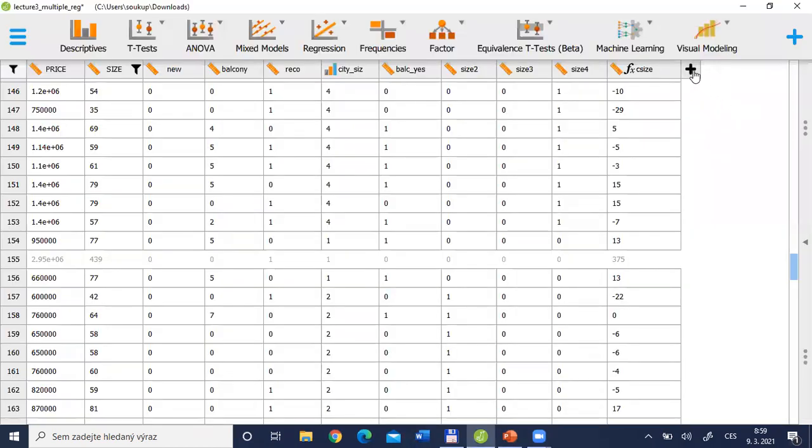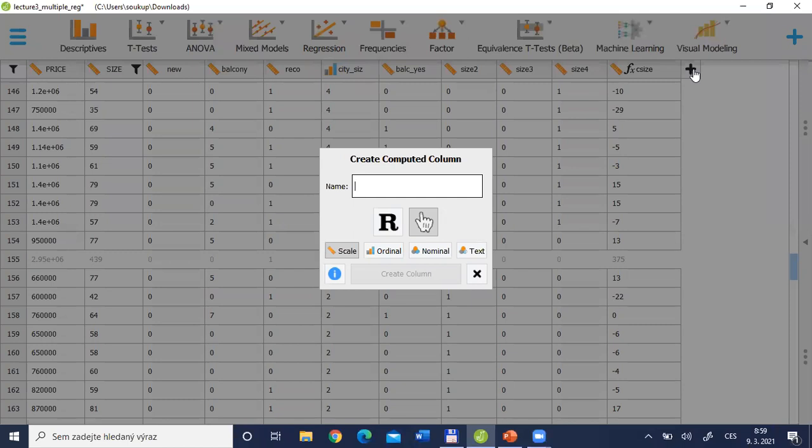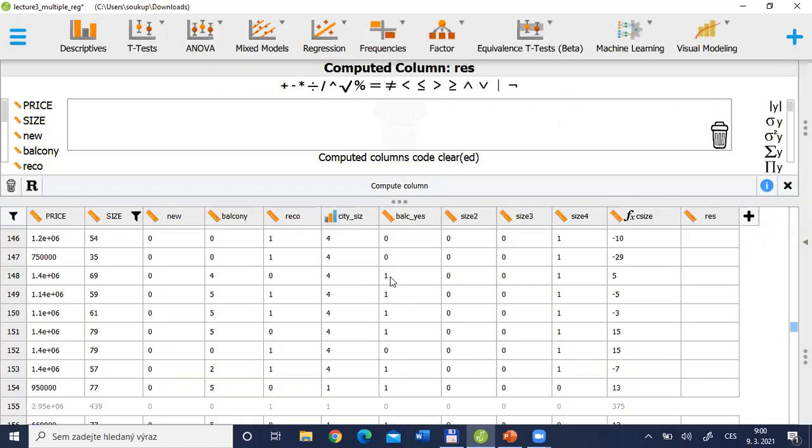So first of all, I'm computing residuals. Unfortunately, JASP cannot do it automatically, so I must use this computed column. I would call it res instead of residuals. It would be a scale variable, and I can create the column. So I would start typing. First of all, I would take price, so I would click onto this price. I would take minus.